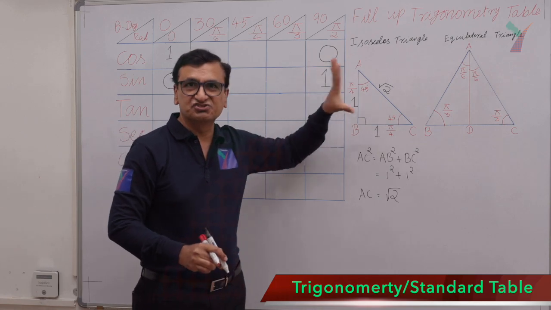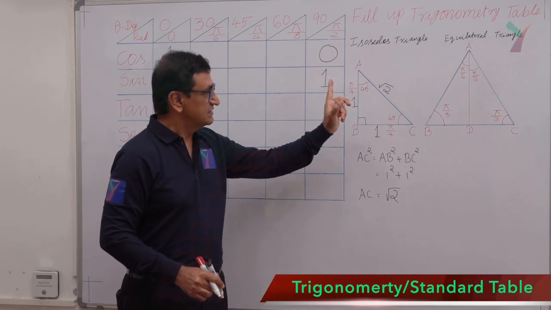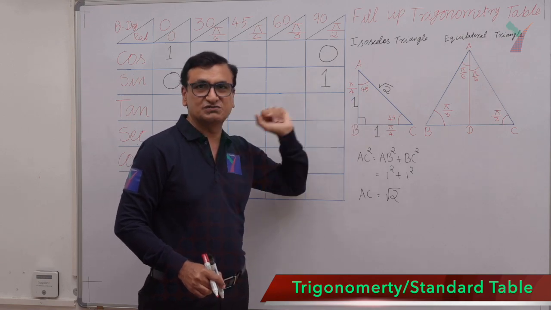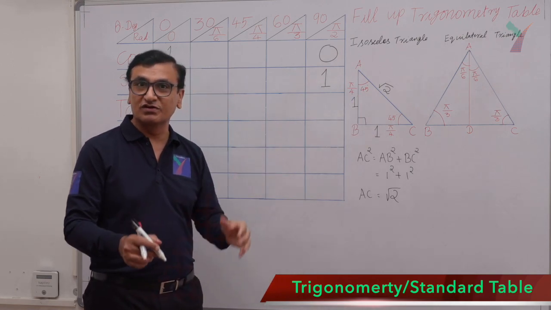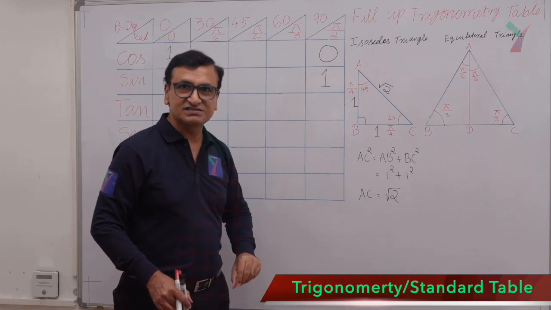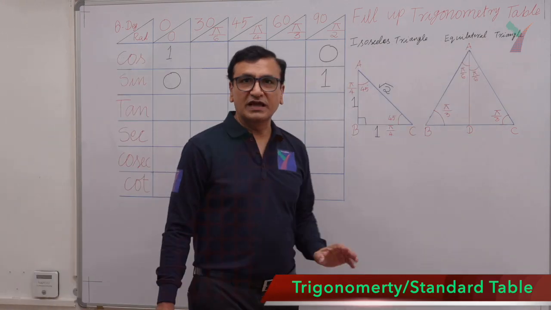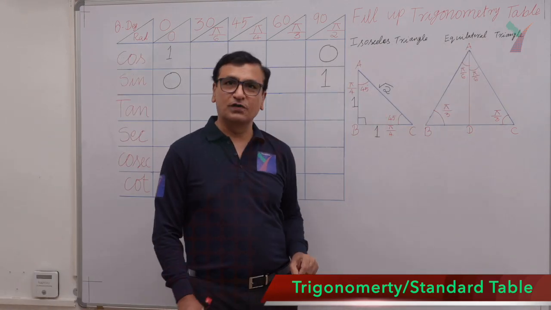I'm going to use this triangle to calculate the value of sine pi by 4 and cos pi by 4, and as a corollary tan pi by 4. Let me rub this and continue further. Okay, let's look at cos 45.